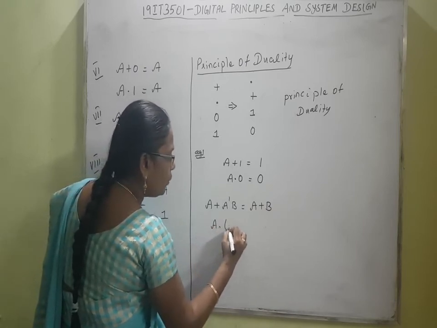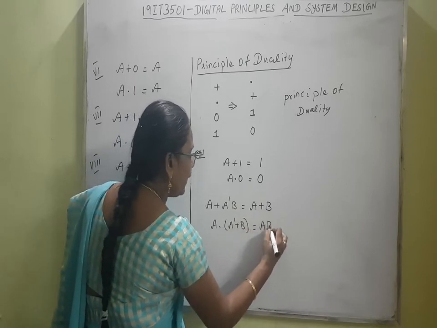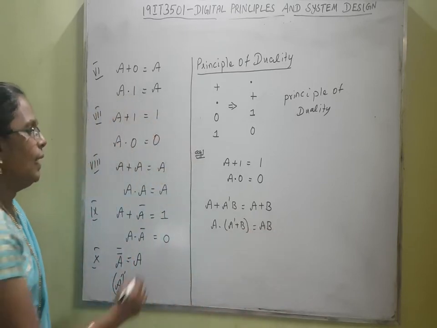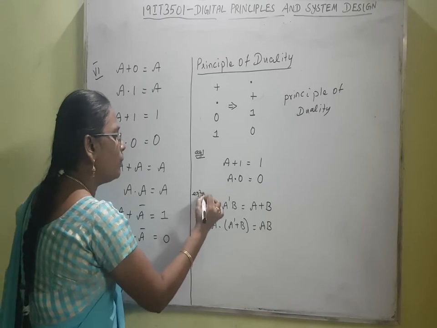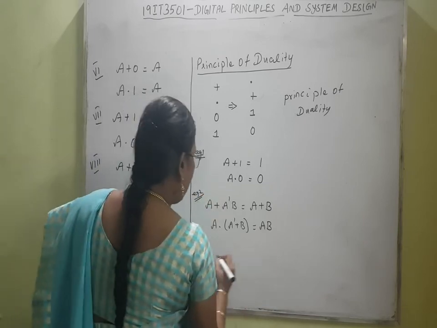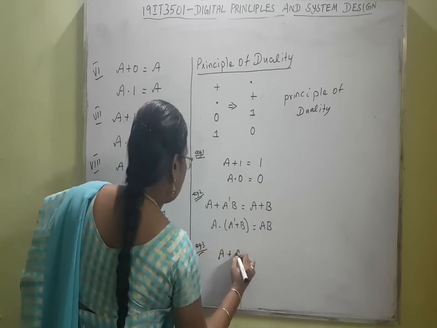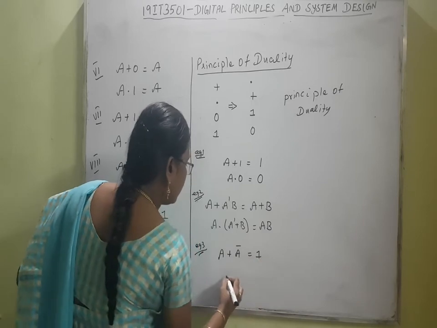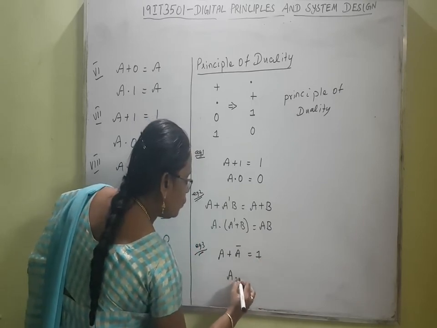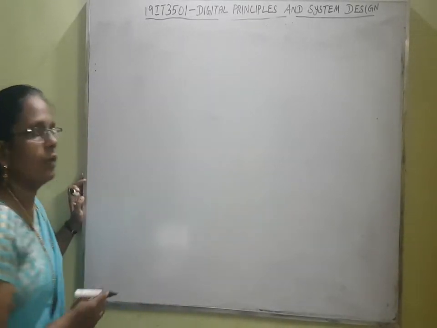In the same way we can say A into A bar plus B is equal to AB. This is another example of the principle of duality. Now example 3: A plus A bar is equal to 1. So A into A bar is equal to 0.